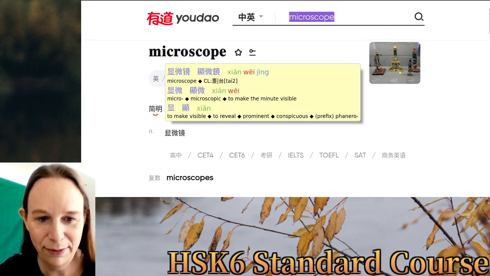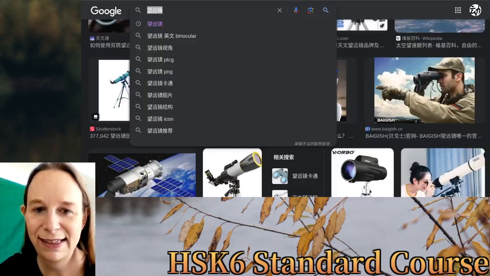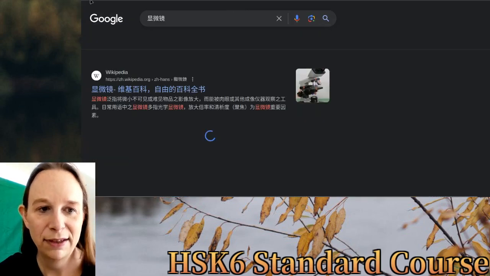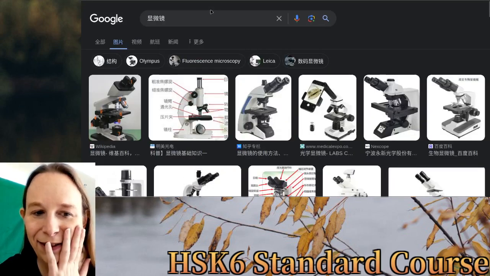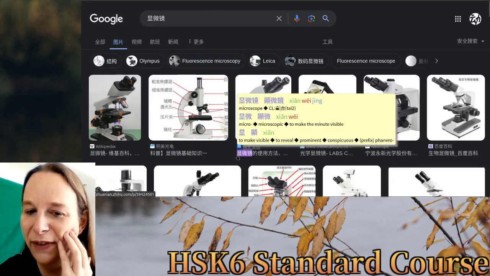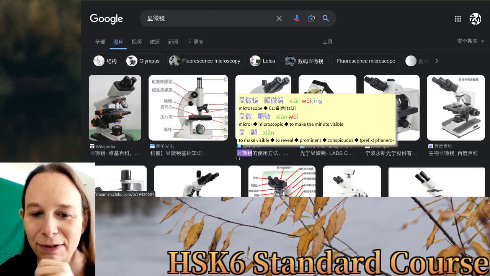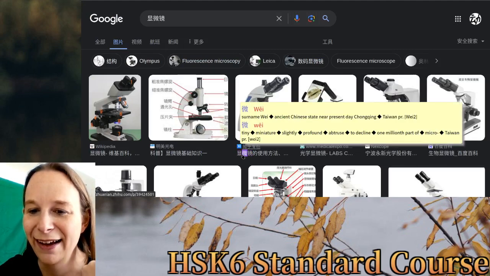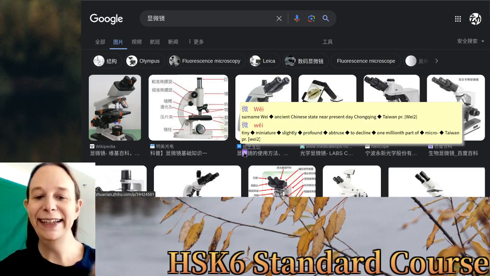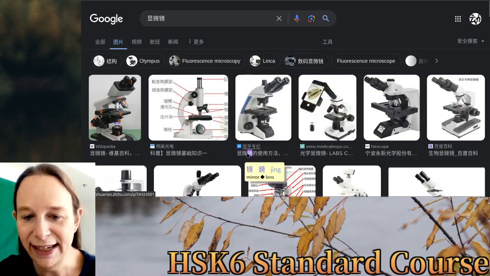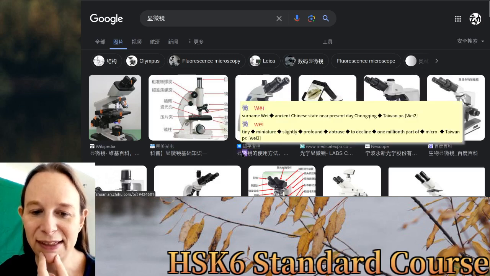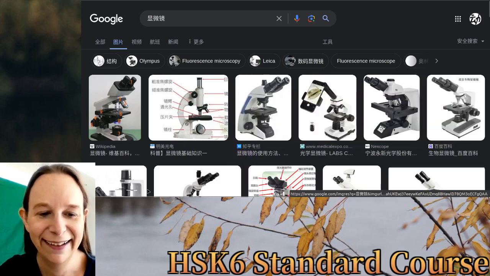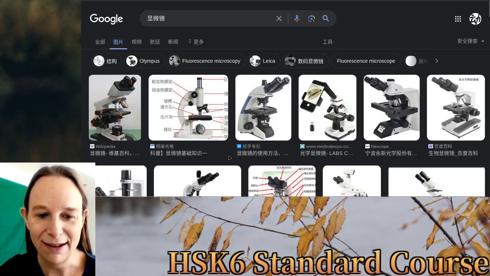Microscope's the other one. 显 meaning to kind of make more obvious, right? 显, to make visible. 微, small. Not just small, but tiny. 显微镜 lens. Okay, so make visible tiny lens. 显微镜. 好.